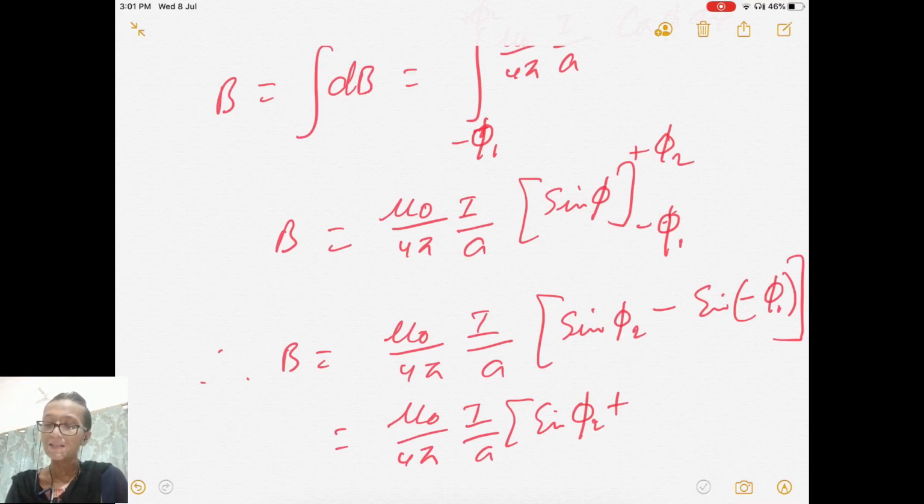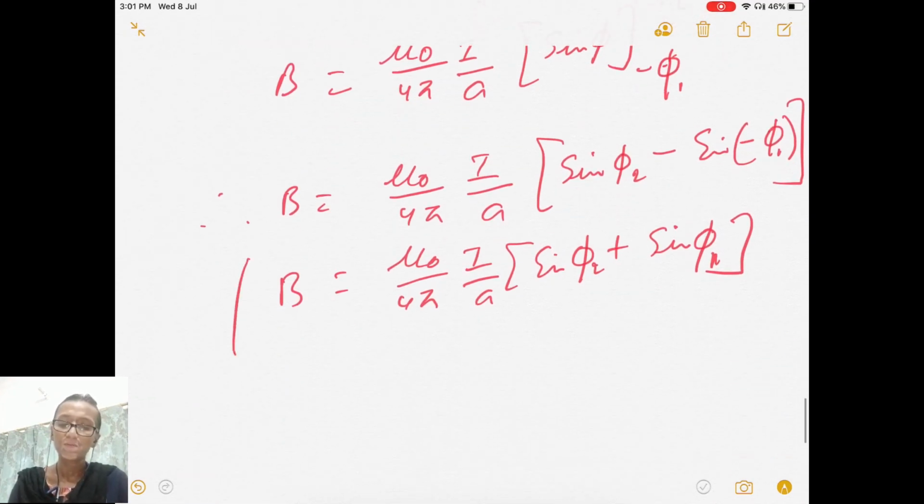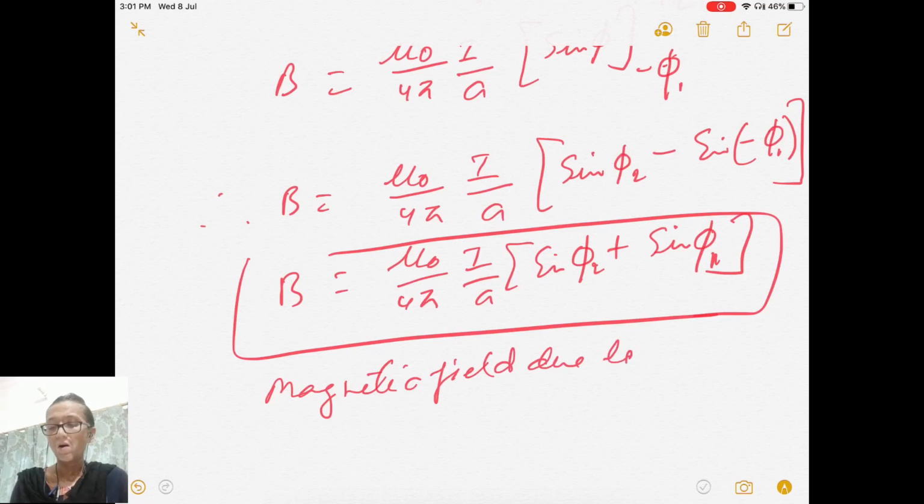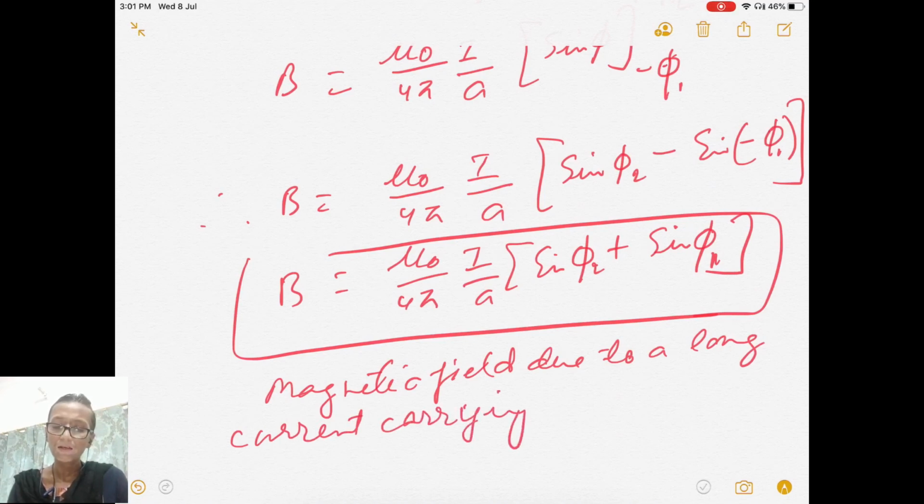So this is the magnetic field due to a long current carrying conductor.